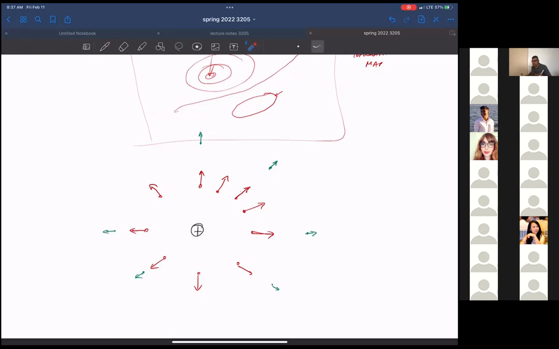No. Okay, that's a very good question. So take a couple of steps back. The red dots don't exist. So this red dot means that if I brought a charge to this point, it would feel that force.